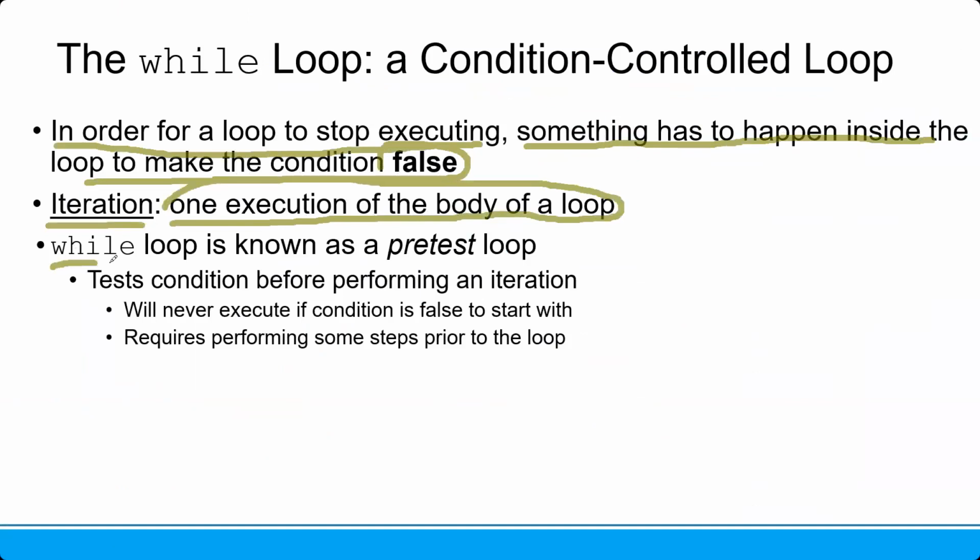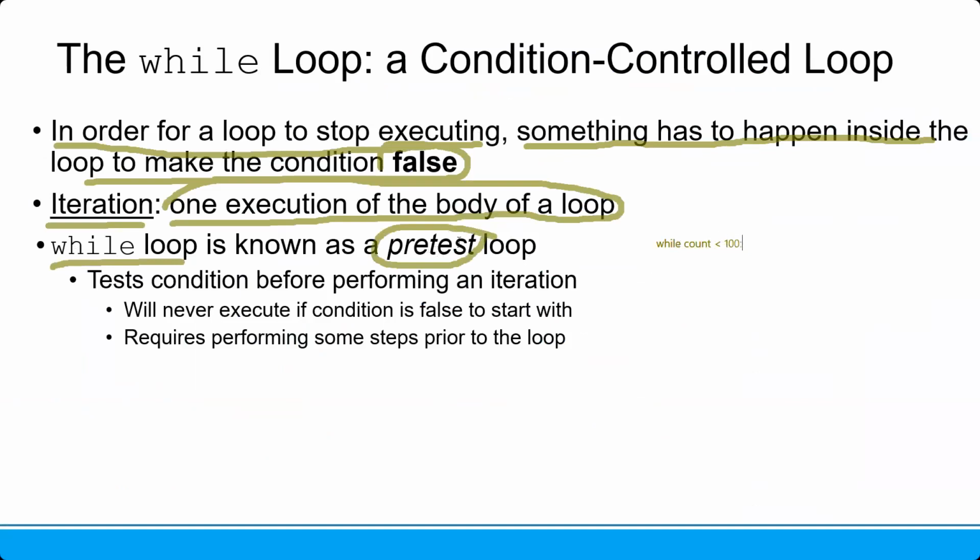We call this a while loop because we have a pre-test. What is pre-test? Pre-test means we have the condition, while count less than 100. So we have the condition at the first time.